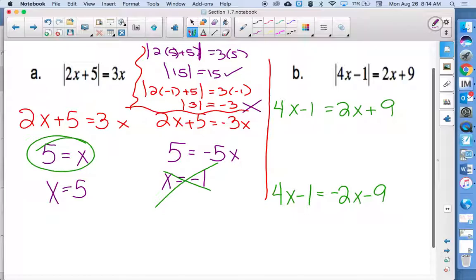Nice job. So when you look at the second equation, if there are multiple terms on the second side, a term is a piece of the equation separated by an addition or a subtraction. So if there are multiple terms, you need to make sure that you're making all of those terms negative. So not only the first term, but also the numerical value as well.